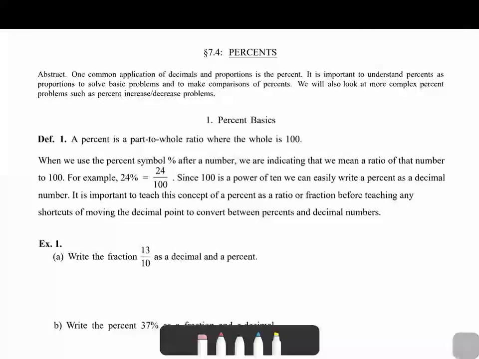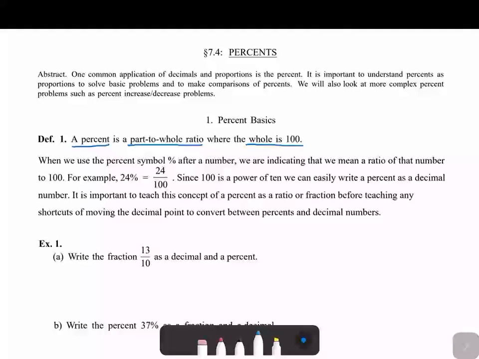So first off, let's talk about what is a percent. A percent is a part to whole ratio where the whole is 100. This is something that you all should have seen before, so we're just going to go over it to make sure that everybody's on the same page. When we use the percent symbol after any number, we're indicating a ratio of that number to 100.